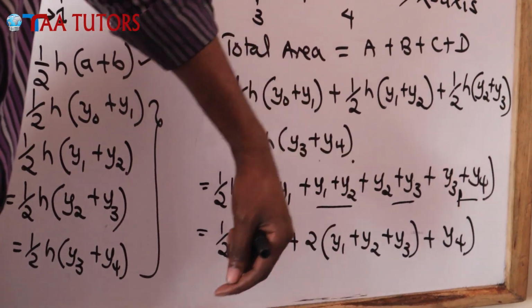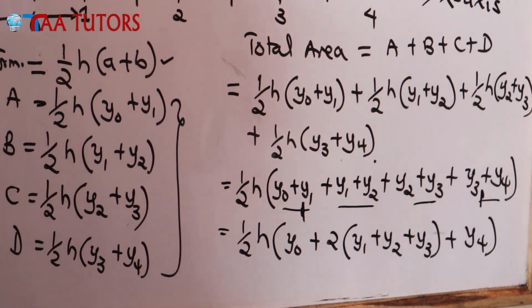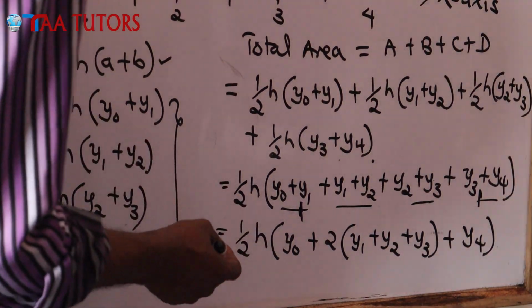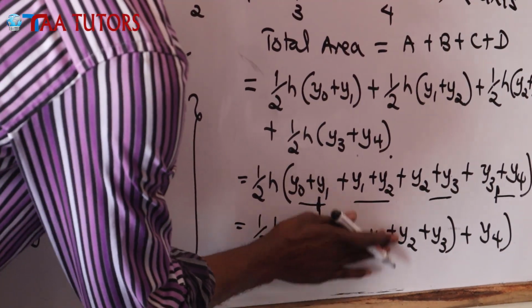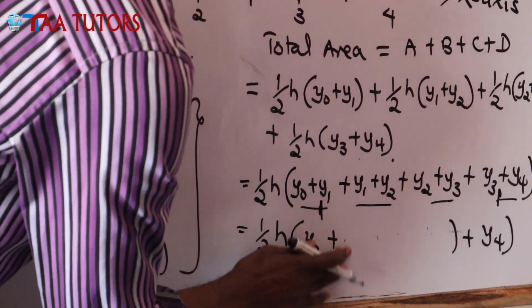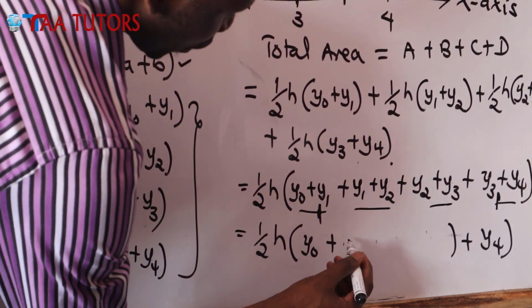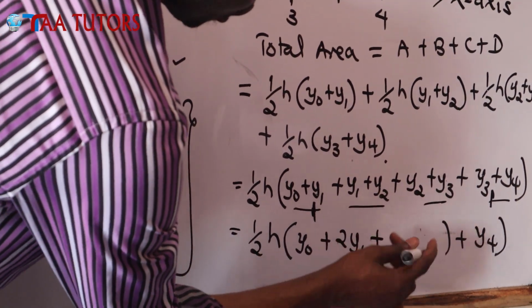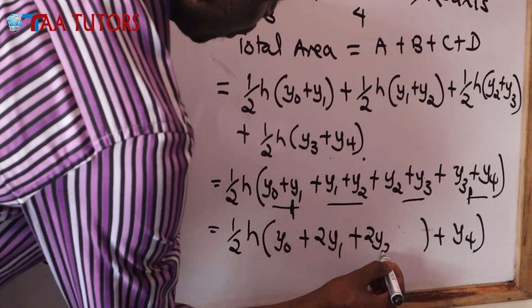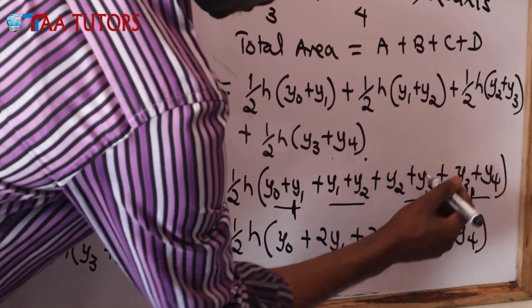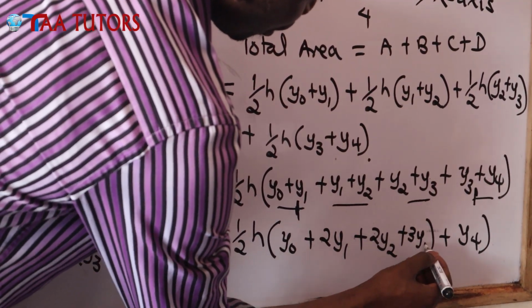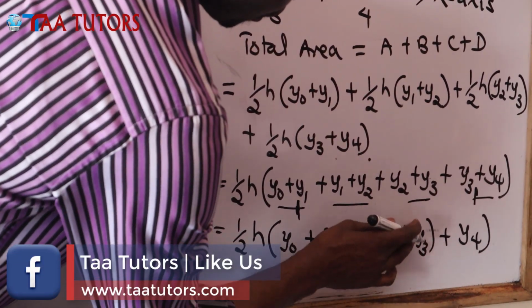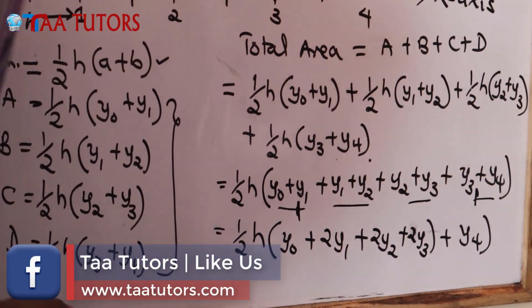Again, now we factorize those, or let us see first. Someone may not actually see what we have done here. Let us see, y1 plus y1 will be 2y1, y2 plus y2 will be 2y2, y3 plus y3 will be 2y3.